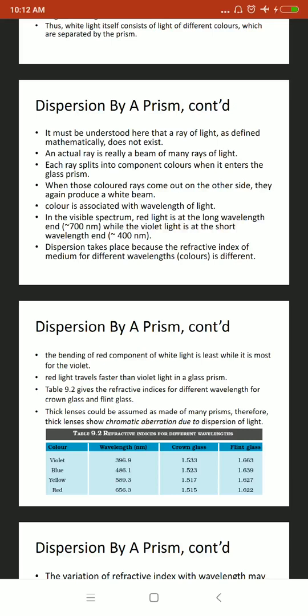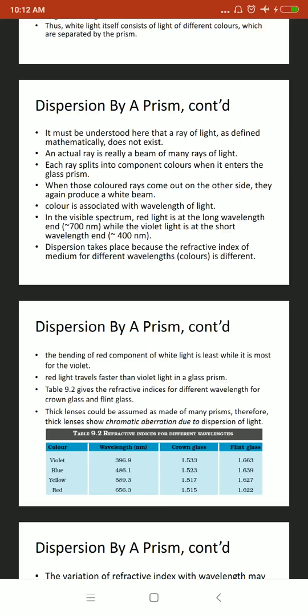So here this table is given. For the violet color, the wavelength is 396.9 nanometer. In crown glass, its refractive index is 1.533, and in flint glass that is 1.663. Blue color has a wavelength of 486.1. In crown glass, the refractive index is 1.523, and in flint glass it's 1.639.